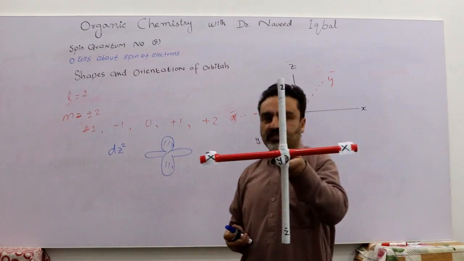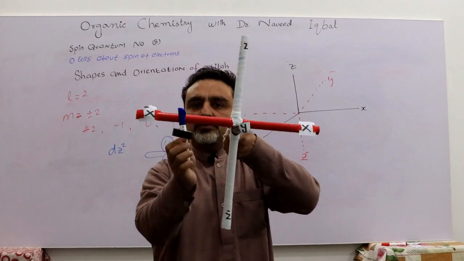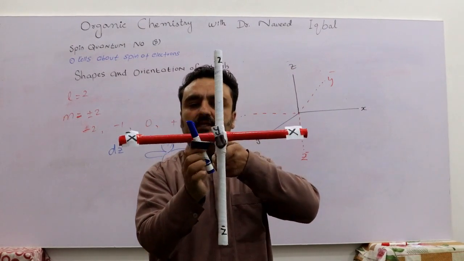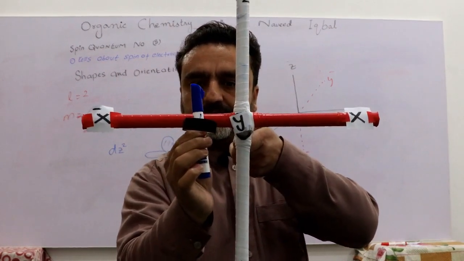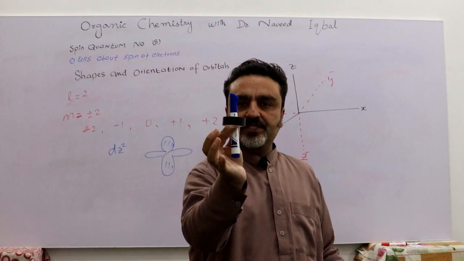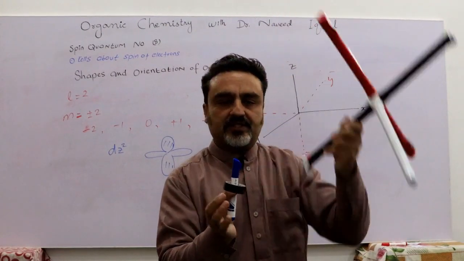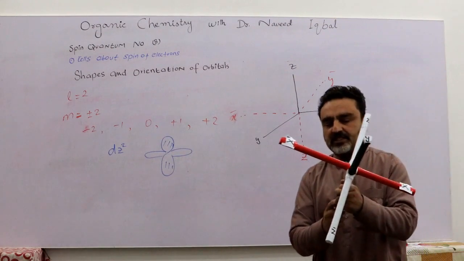Okay, this is the coordinate system, and now this is the orbital. It lies like this. This is the dz orbital because this is the z-axis, and the ring was lying on the xy axis, so it just looks like this.